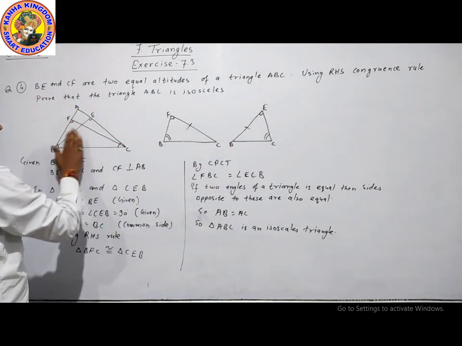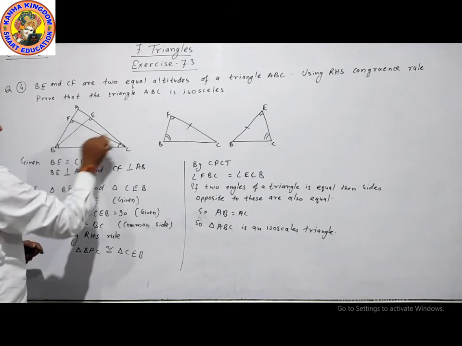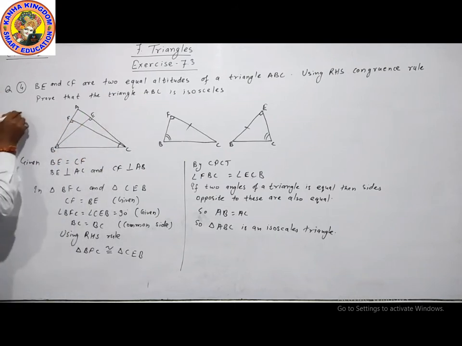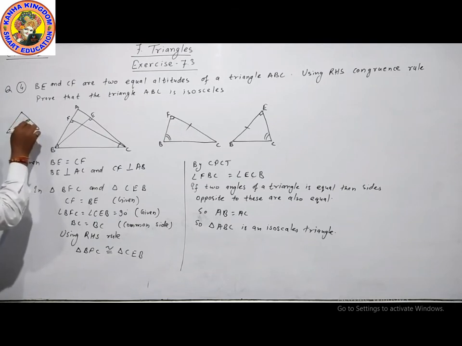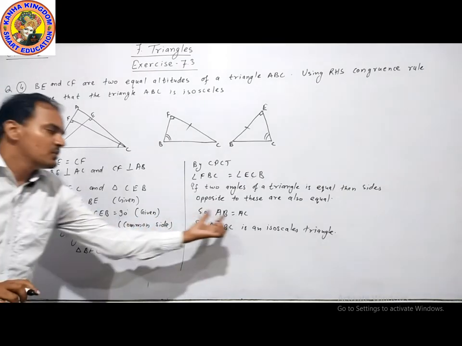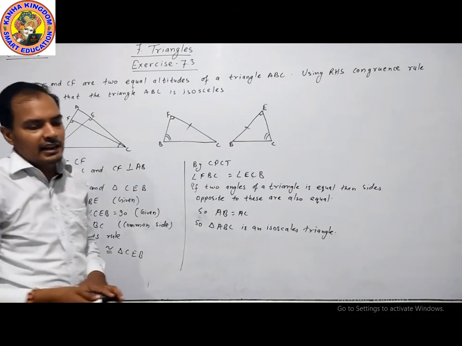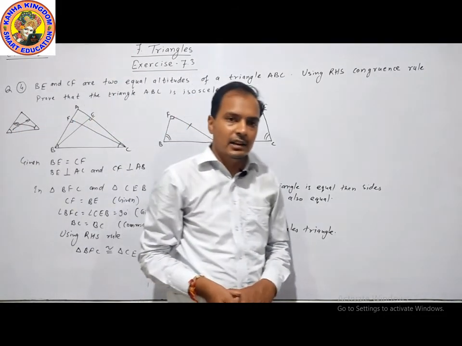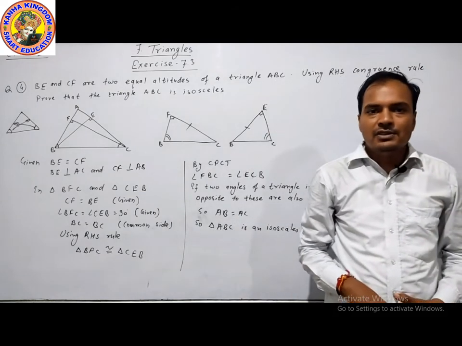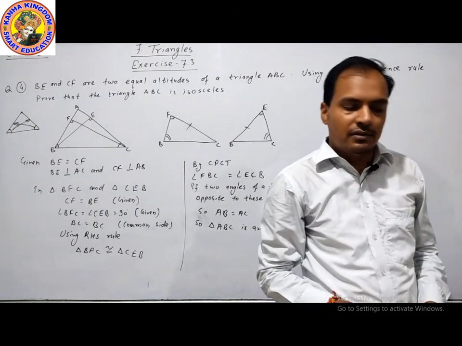Now we will remove these two sides. In triangle ABC, this one and this one are equal, so this side and this side will also be equal, so AB and AC are equal. If two sides are equal, that triangle is called an isosceles triangle. You can take a screenshot of this. We will move to our next question.